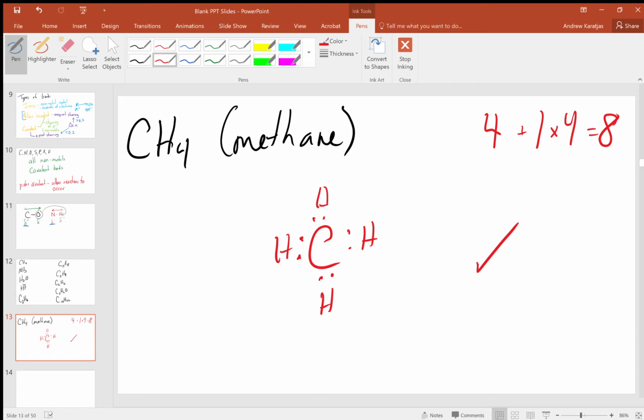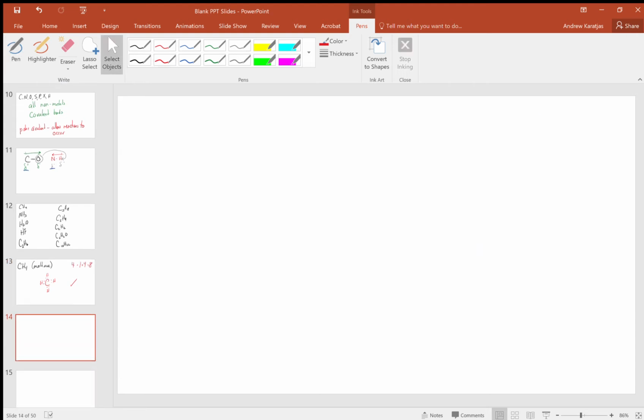So what we want to start being able to do, especially with these elements that we are going to use over and over and over again, is to be able to take some shortcuts. So let's bring that periodic table back.